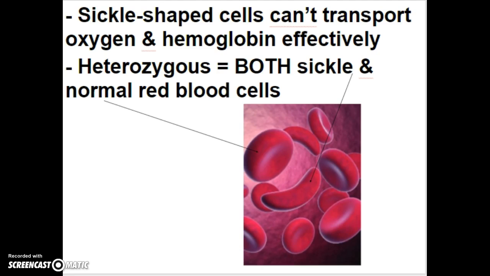If you're a carrier of sickle cell, so if you're heterozygous, you'll have both sickle and normal red blood cells. And that actually prevents people from being infected with malaria, which is a big problem in those countries. So it's actually an advantage to be heterozygous for sickle cell anemia.